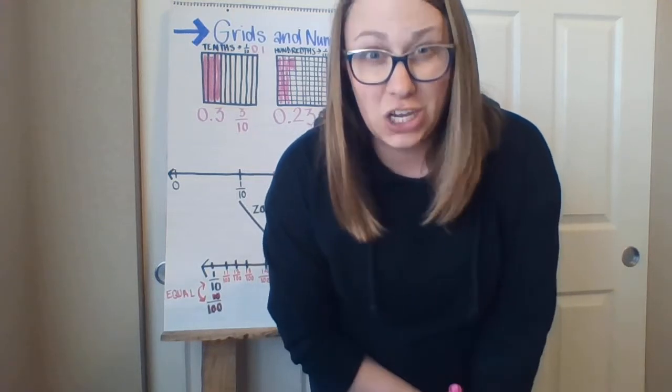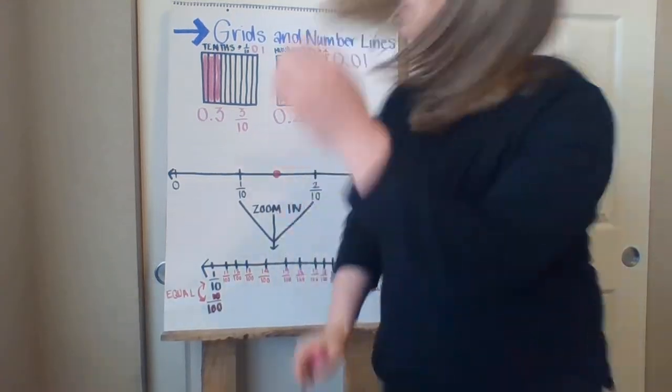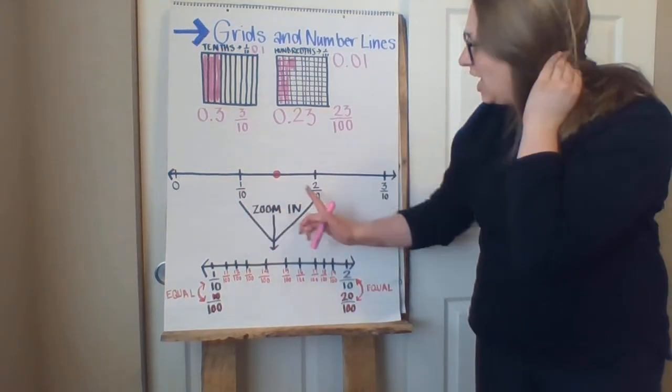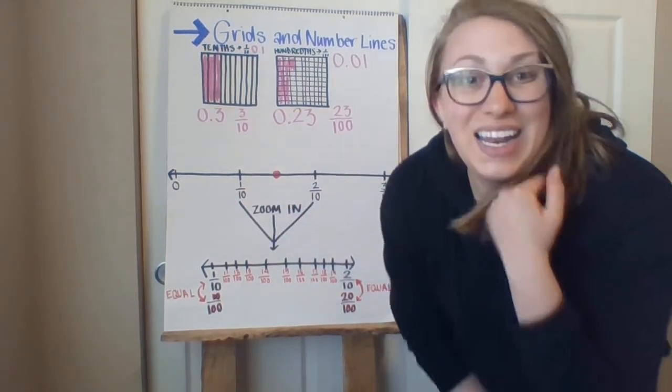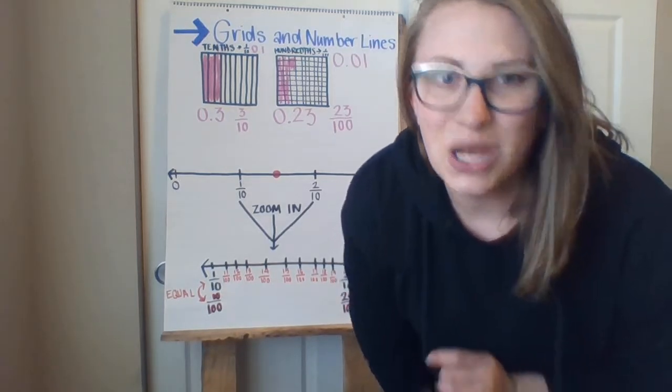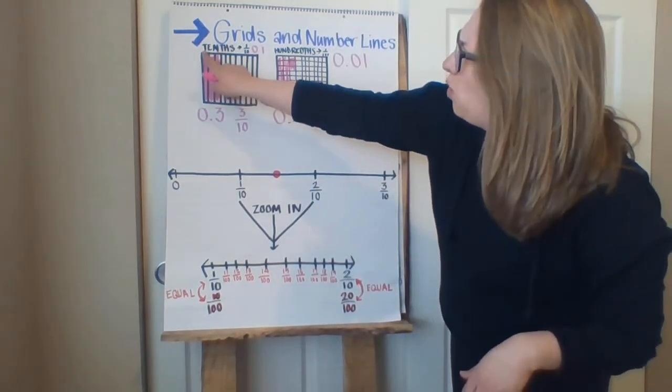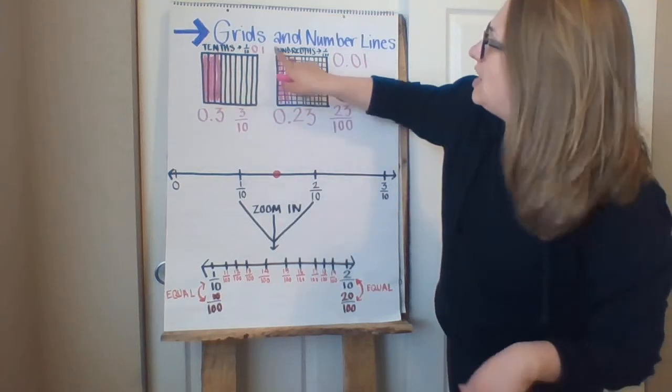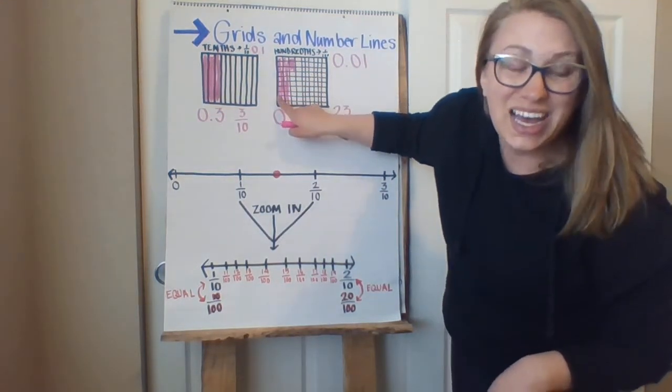Well, my friends, here's what we are able to do. Between 1/10 and 2/10 are little bitty hundredths, right? We know that 1/10 is the same as 10 hundredths.